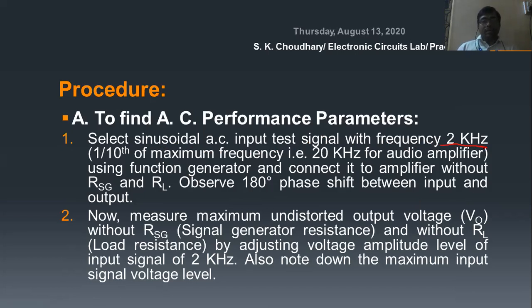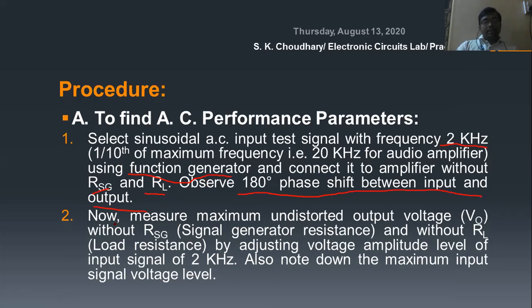This signal is generated with the help of an instrument called the function generator, and connected to the amplifier without RSG and RL, and we observe the 180-degree phase shift between the input and output signal.